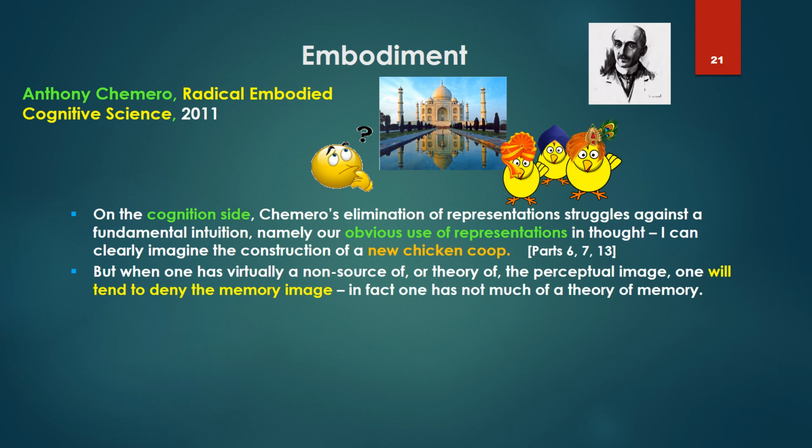But again, when one is virtually a non-source of or theory of the perceptual image, one will tend to deny the memory image, as Chemero is doing. And as Louise Barrett did, as we saw, it's just a construct. In fact, then one has not much of a theory of memory. I mean, you're going to start struggling.